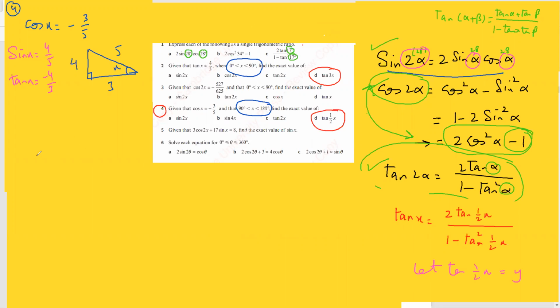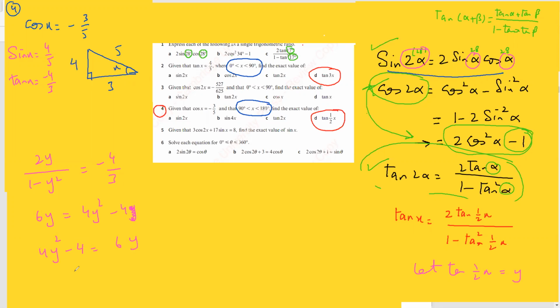So this becomes 2y over 1 minus y square, that is minus 4 over 3. So this is 6y equal to 4y square minus 4y. Sorry, this is minus 4 only. So we have 4y square minus 4, that is equal to 6y.